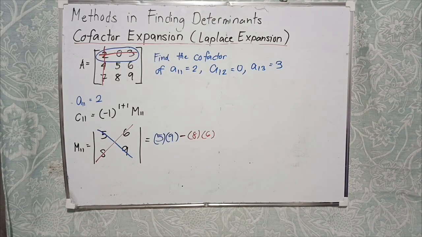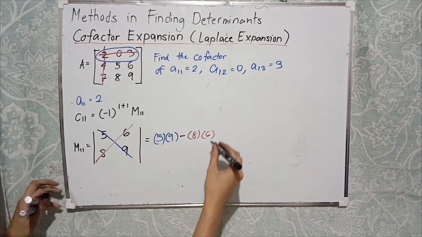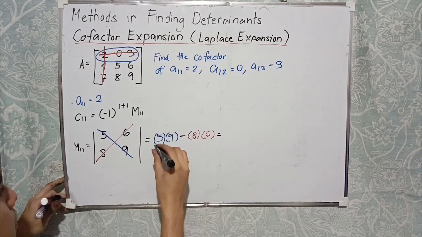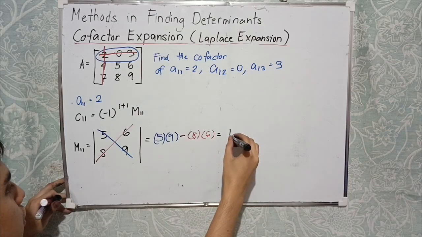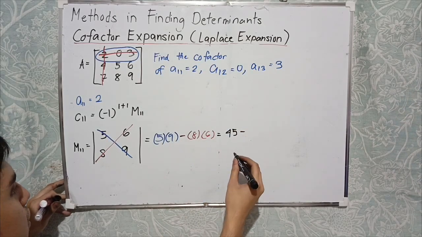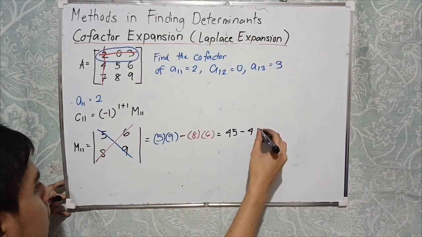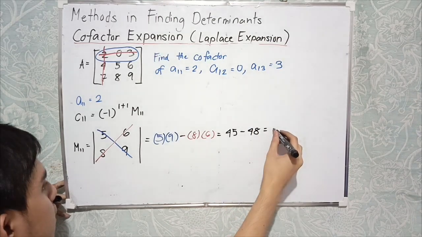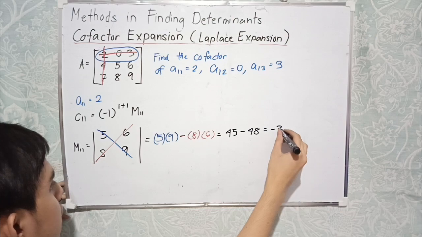Further simplifying, 5 times 9 is 45, minus 8 times 6, that is 48. So the answer will be -3.